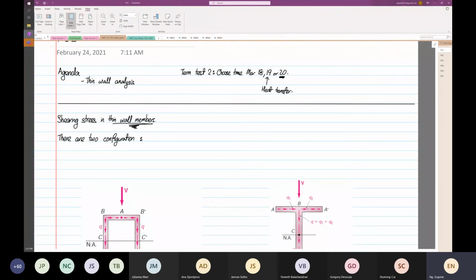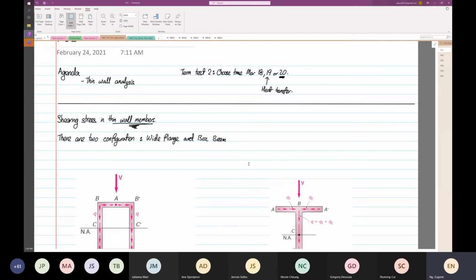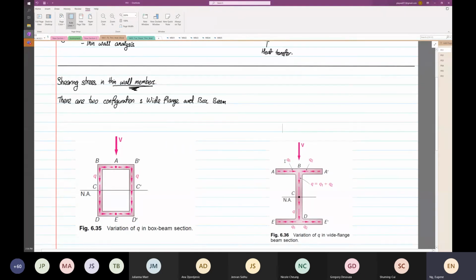One is known as the box beam, and the other configuration is known as the wide flange. My bad, I should have written box beam first and then wide flange. So there are two types: box beam and wide flange.